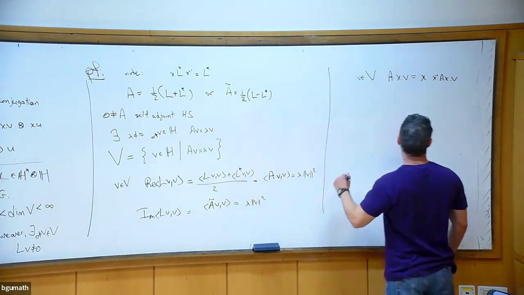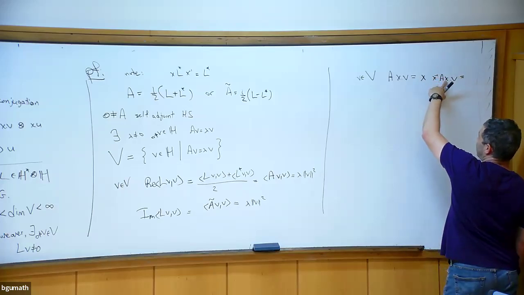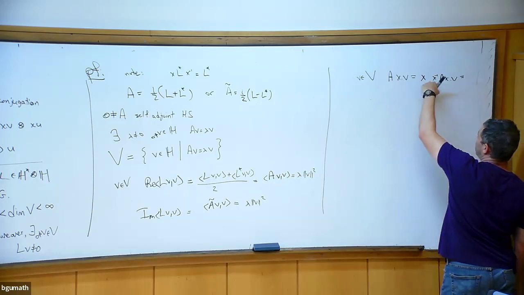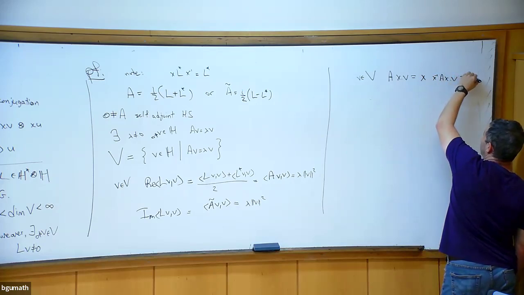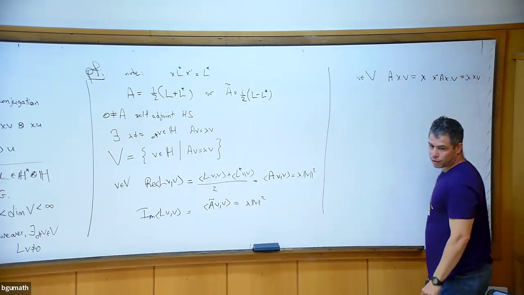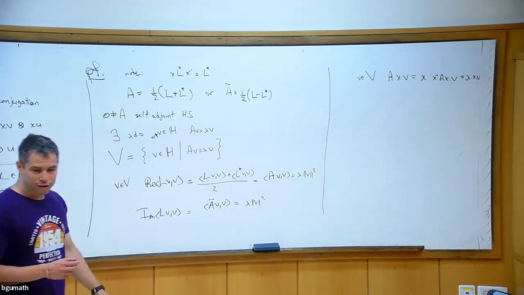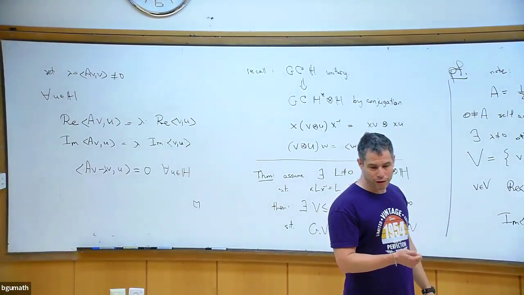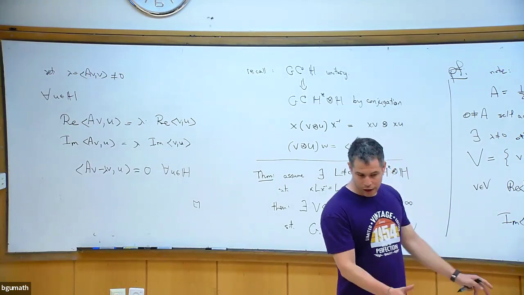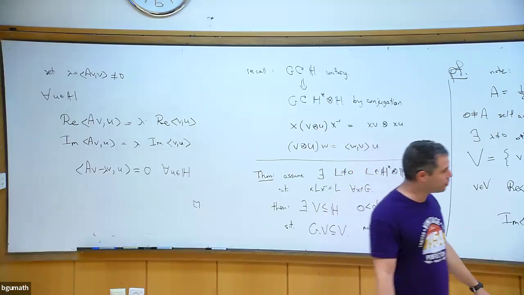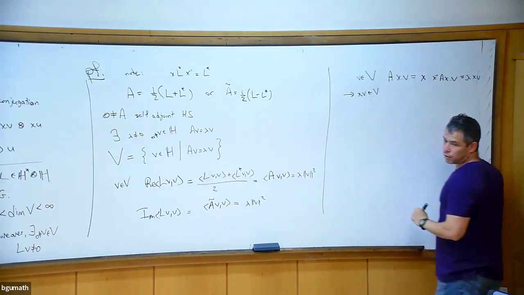So this just becomes an A, and I took a vector which is an eigenvector, so I get X acting on lambda V. So this is lambda times X acting on V. I took any V and any X, acted with X on V, and showed that XV is also an eigenvector. The space is the space of eigenvectors, so they all go inside. So for any V in the space, XV is also in the space. This is invariance.